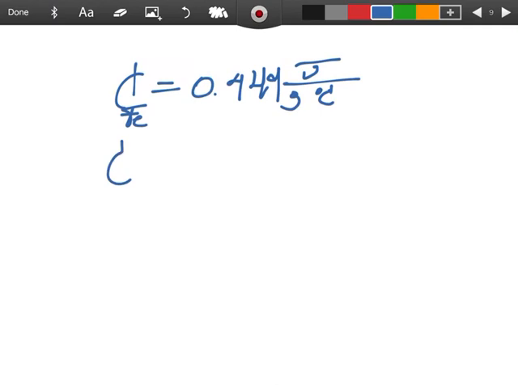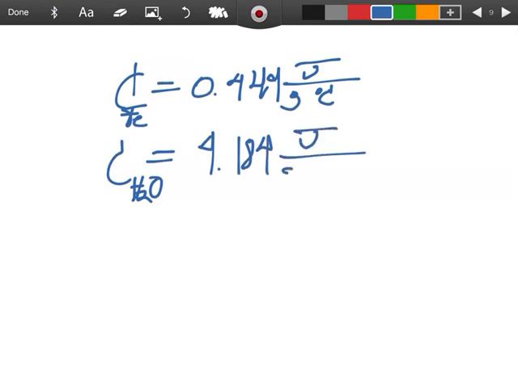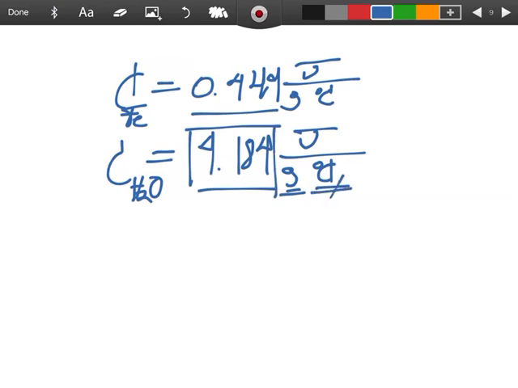Now, in your book, we can see the specific heat capacity for water, and we're going to see that it is 4.184 joules over gram Celsius. So you can see that water can store a lot more heat than iron, because 1 gram of water can store this amount of heat just to change 1 Celsius.